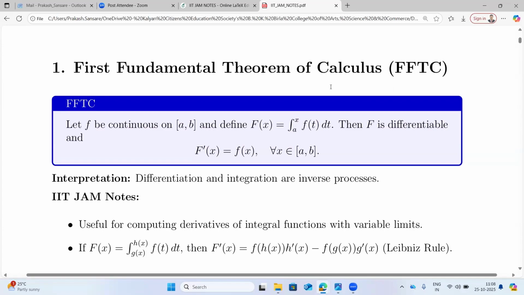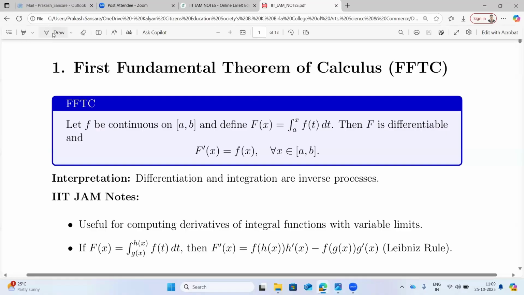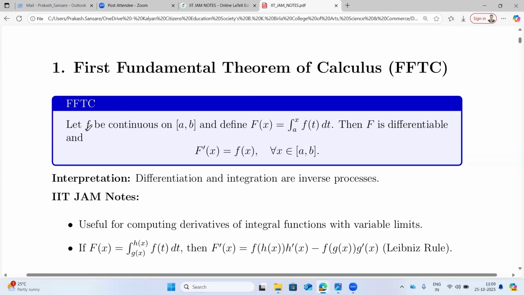Here is the statement, which says that if you have a function f which is continuous, defined on a closed interval [a, b], and capital F of x is the integral from a to x of f of t dt, this is also called an indefinite integral.